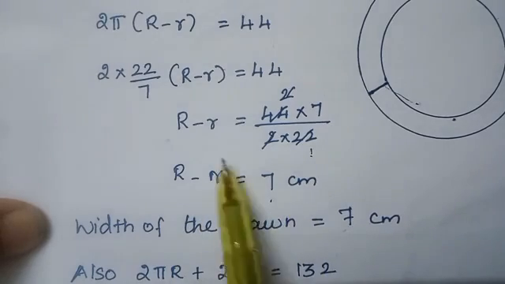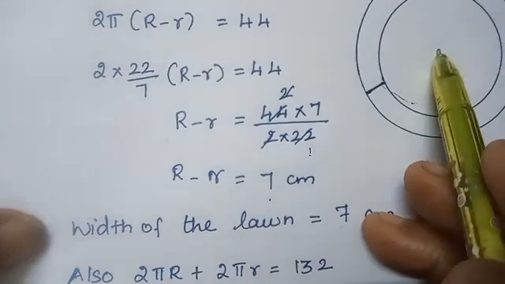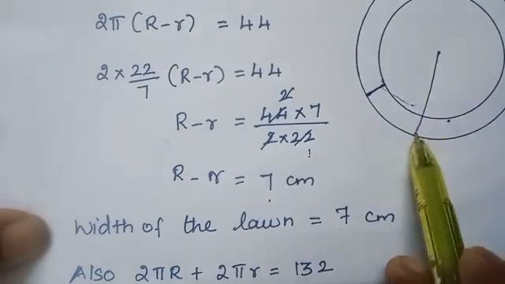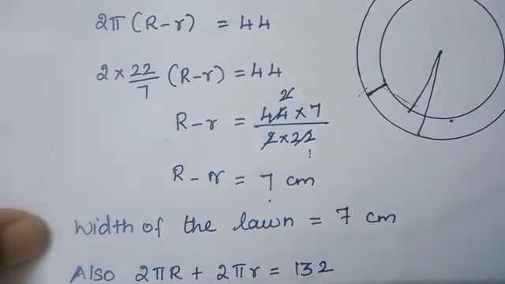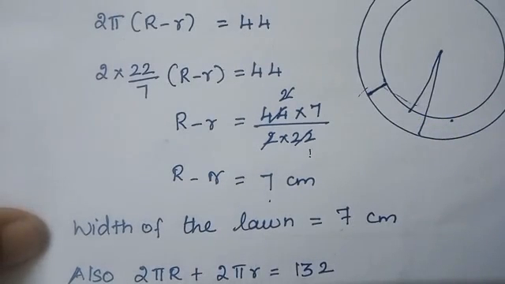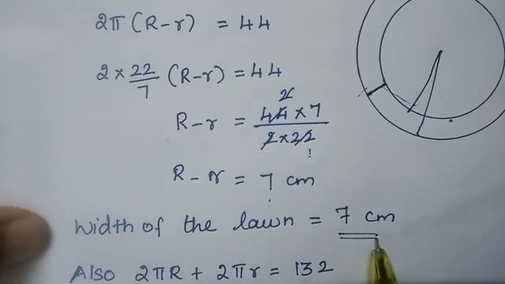Capital R minus small r means what? From the center, this is capital R minus small r, that is the width of the circular lawn. Okay, width of the circular lawn is 7 centimeter.